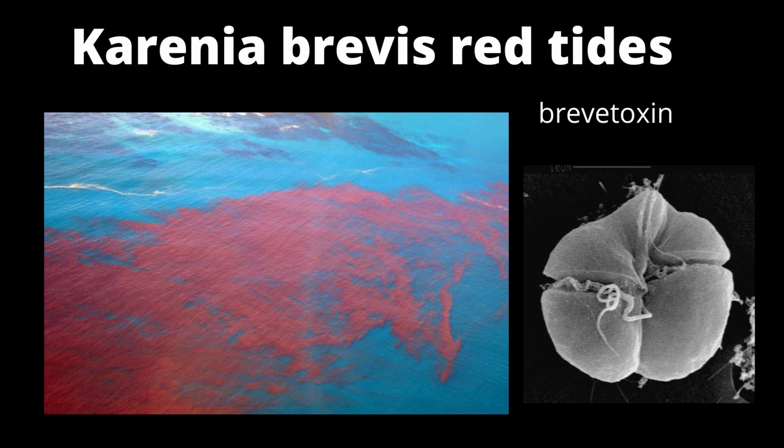Although we think that diatoms are really positive for the ocean and help provide food and oxygen, there are some negative impacts, and there are diatoms that are toxic. A good example of this is shown in Karenia brevis red tides.